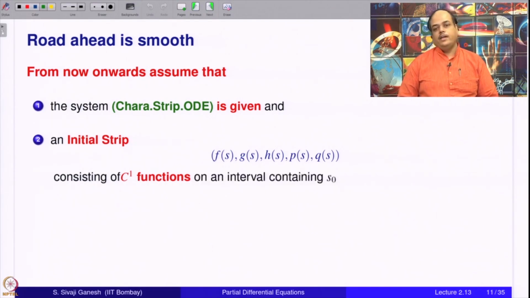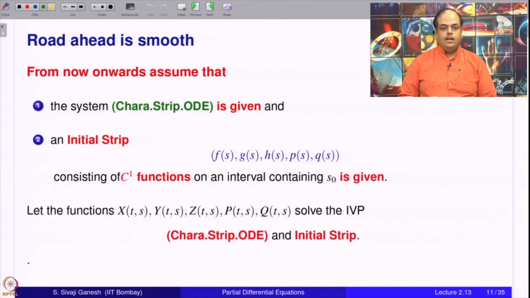Of course, we cannot find it perhaps throughout gamma, but you look at a point (f(s0), g(s0), h(s0)) on gamma, and hence I want this to be defined near that point P0. Let these functions x, y, z, p, q, which are functions of t and s, solve the IVP. What is the IVP? The characteristic ODE supplemented with these initial conditions coming from the initial strip.